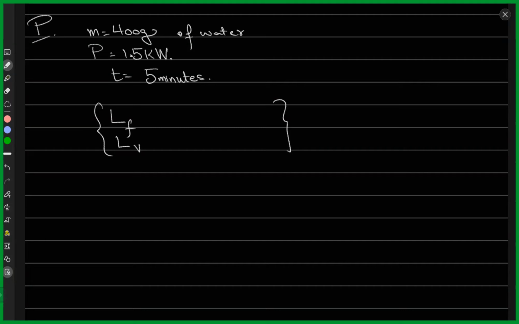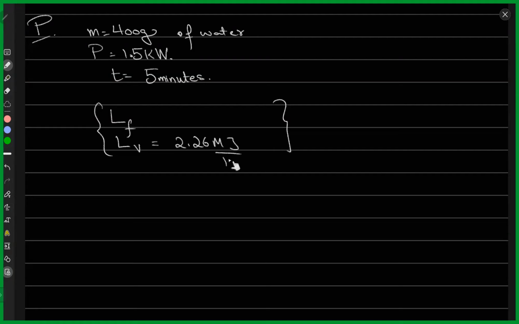Yeah, exactly. You pick specific latent heat of vaporization because that is the energy that is required to change from liquid to gas. So, the specific latent heat of vaporization of water is 2.26 megajoules per kilogram.